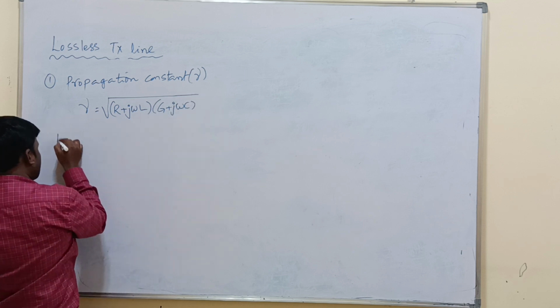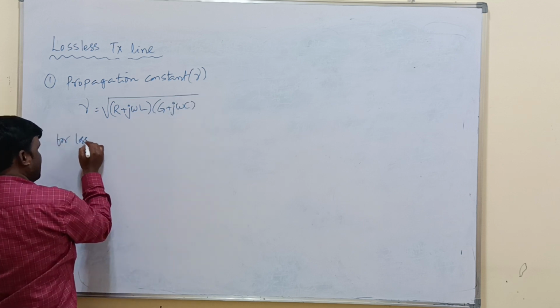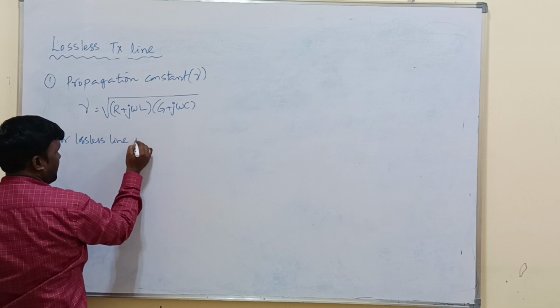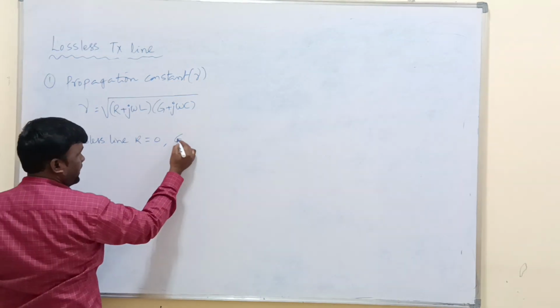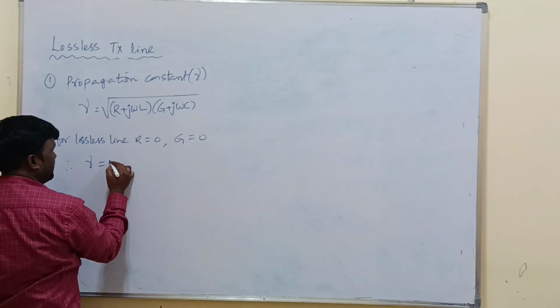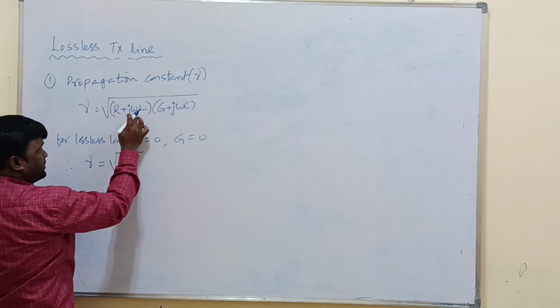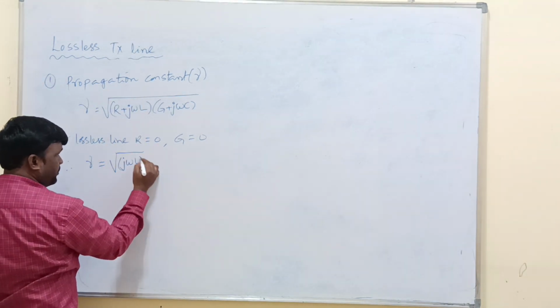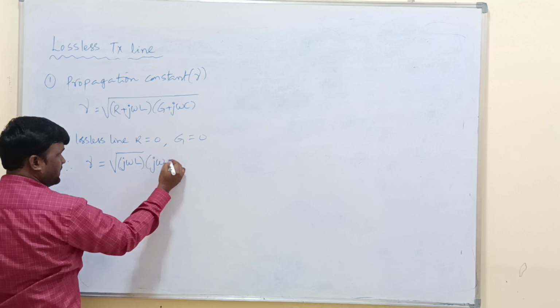So for a lossless line, R equals 0 and G equals 0, therefore gamma equals root of (j omega L) into (j omega C).